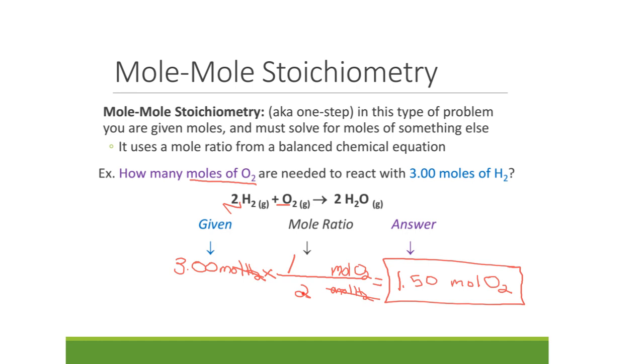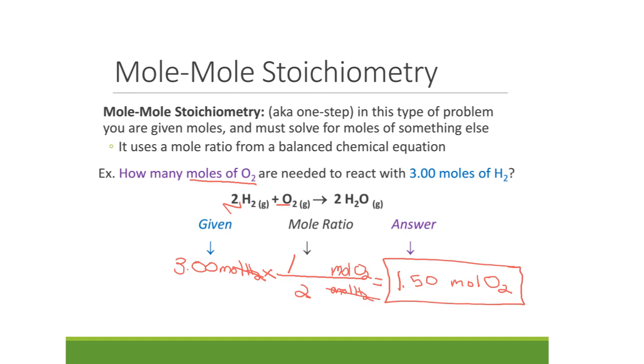The numbers for your mole ratio come from your coefficients. So there's 2 H2s, there's 1 O2. So I filled that in. And then we just solve. 3 times 1, all of that divided by 2, and 3 divided by 2 is 1.50. So we need 1.50 moles of O2 to react with all 3 moles of our H2.